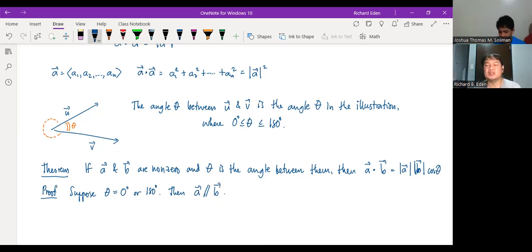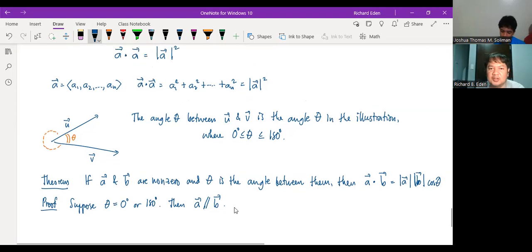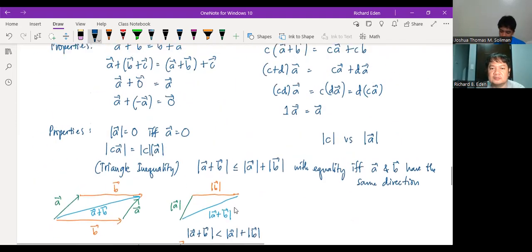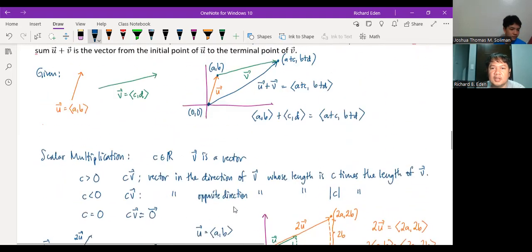Right? We already talked about this earlier. A and B are parallel. If theta is 0, they're pointing in the same direction. If theta is 180 degrees, they are pointing in opposite directions. But if two vectors are parallel, I realized I wasn't able to emphasize this earlier, but it goes like this.